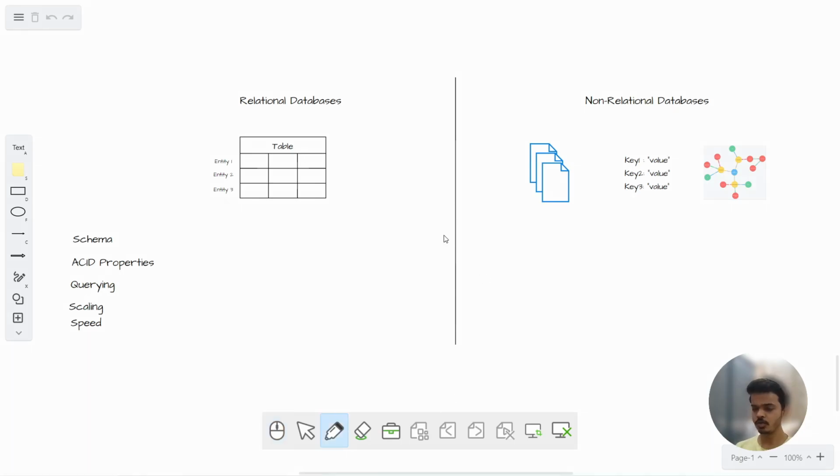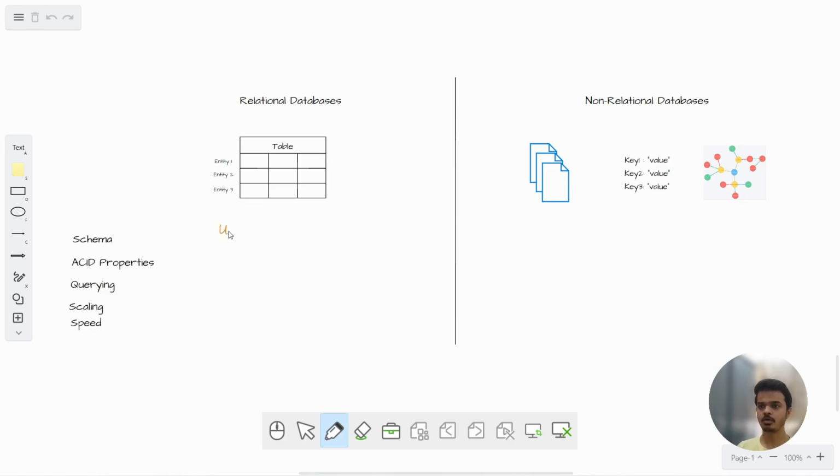So first, for the data to be stored in relational databases, you need to predefine a particular schema. The attributes of the data that you want to store need to be uniform. Only then can you store it in a relational database.